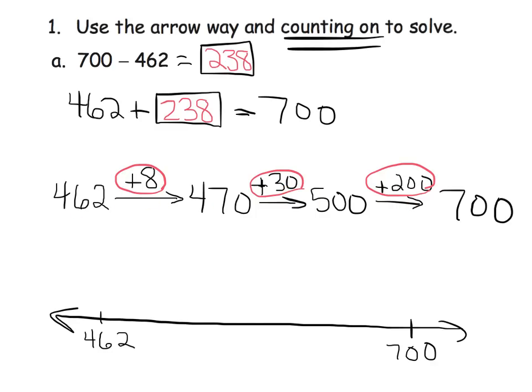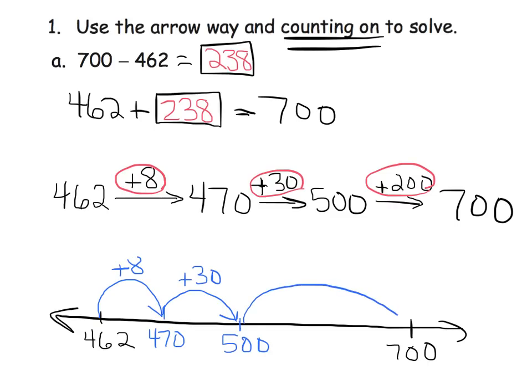And so with the empty number line, similarly, you do a little hop of 8, and that puts you at 470. And then you could do a hop of 30, and that puts you at 500. And then you could do a hop of 200, and that gets you to 700.